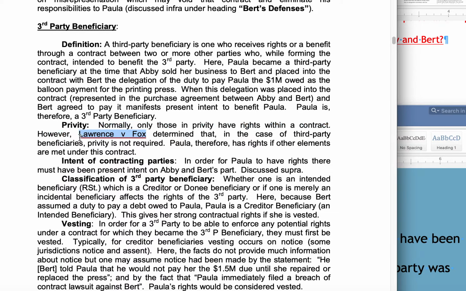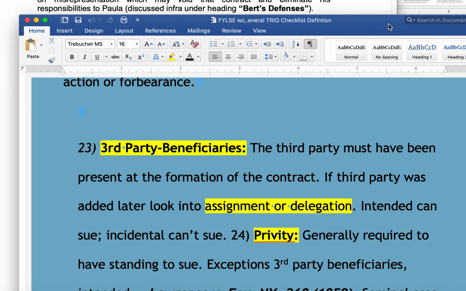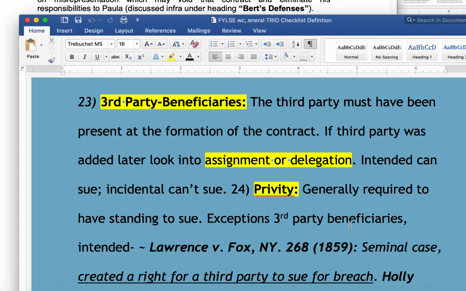If you don't remember this case, it's one of the early classic seminal cases where privity became a thing. This set the precedent that's followed ever since, that you don't have to be directly in the contract itself or have privity. Prior to this, to have standing to sue, you had to have privity.